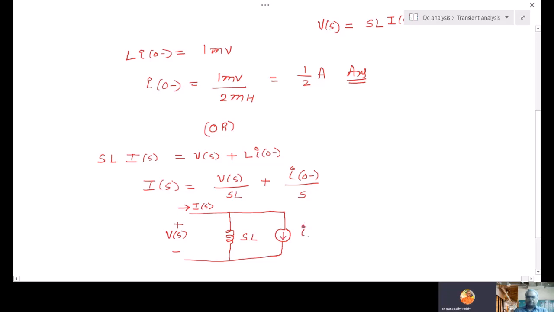And its value is I0 minus by S. This is also S domain, a frequency domain in parallel form.